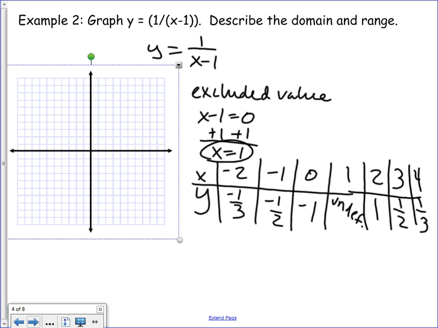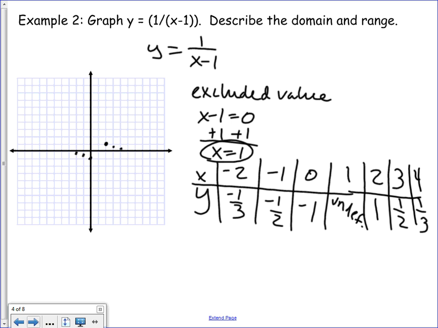Then we graph those ordered pairs: -2, -1/3, estimating this, -1, -1/2, and 0, -1. Not 1, 1, because 1 is undefined. 2 is 1, 3 is a half, and 4 is 1/3.